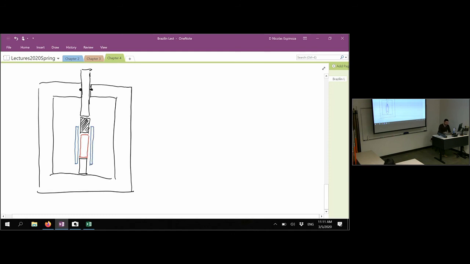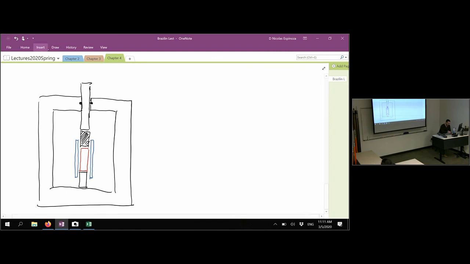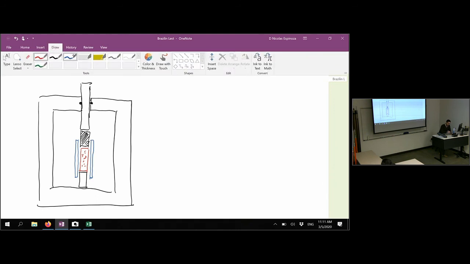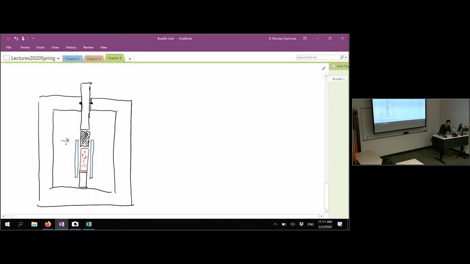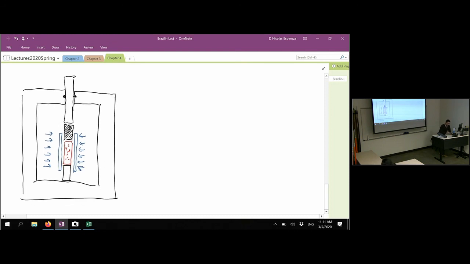Okay, so in the laboratory then we apply a confining pressure that goes in all directions, even pushes the rock from the bottom to the top, and that's the confining pressure, or also the radial stress.